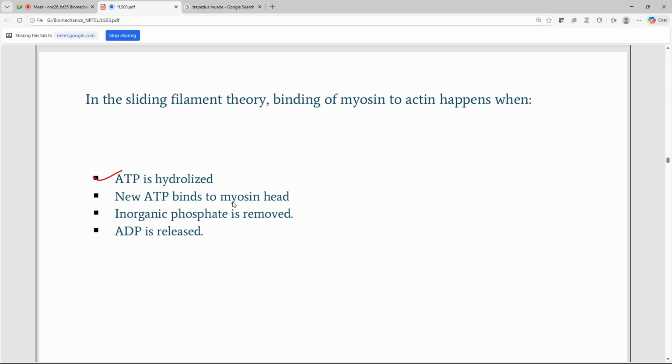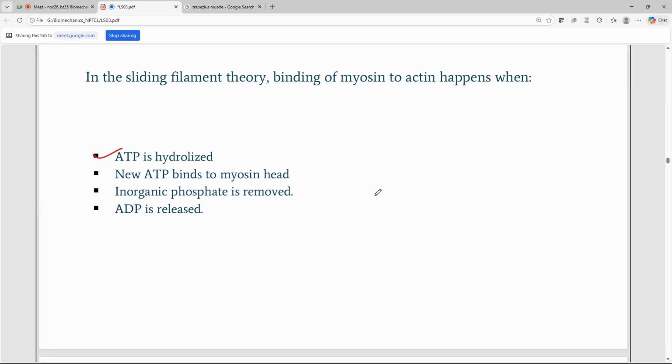In between, the inorganic phosphate is removed, which creates a cocking action, which causes the myosin heads to move and attach to the actin. So the cascade starts with hydrolysis of ATP.